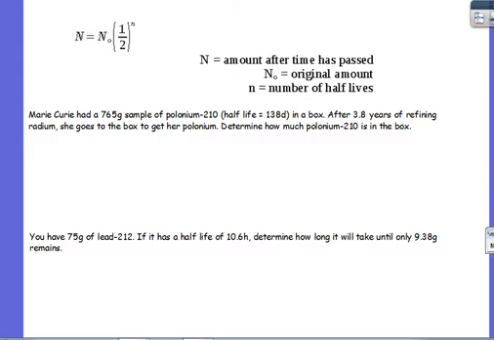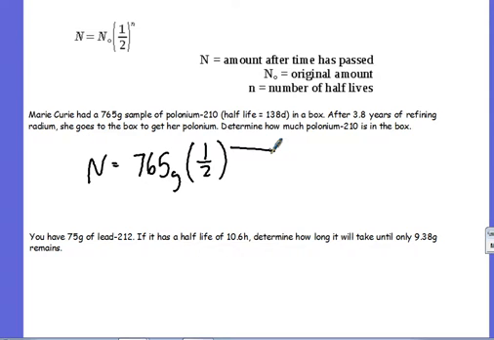This is a very simple calculation that allows us to identify the amount of a sample present after an amount of time has passed. So for this example here, if I start with 765 grams, it's my original amount, I multiply that by half to the power of the number of half-lives.